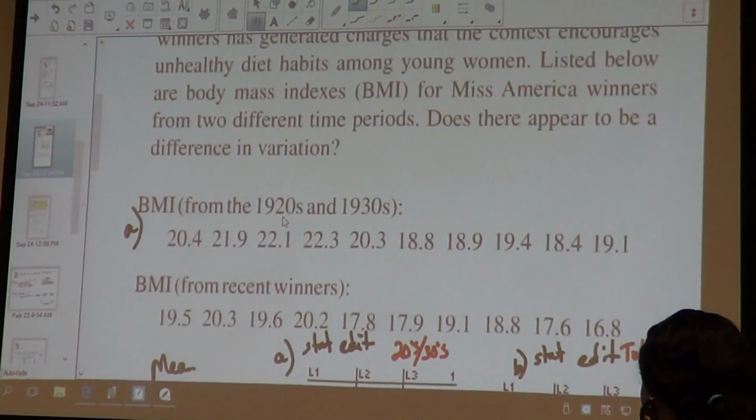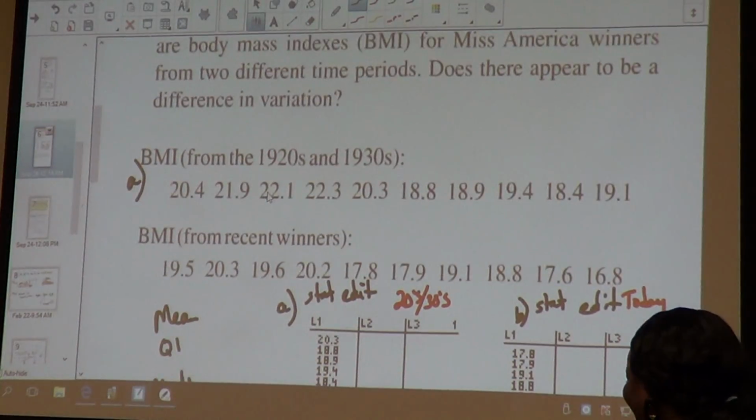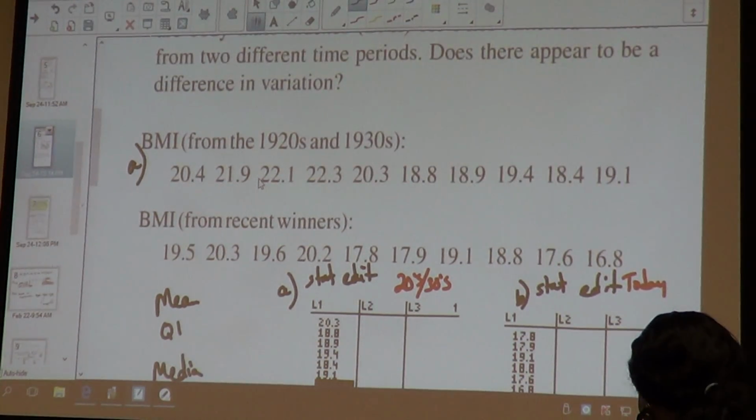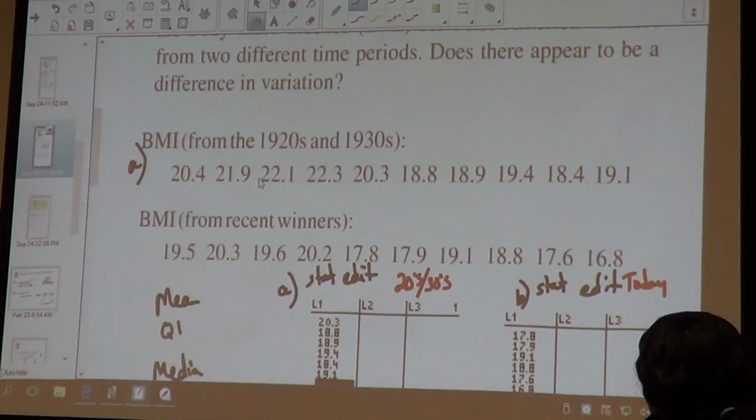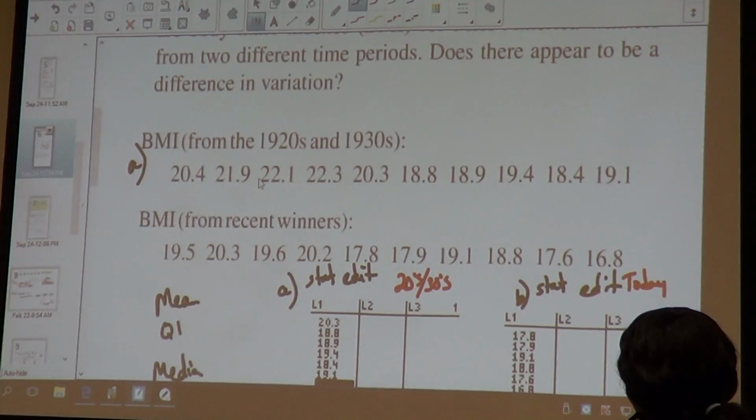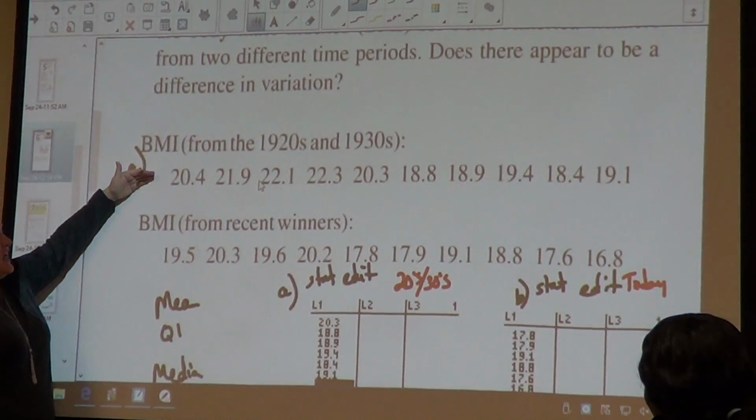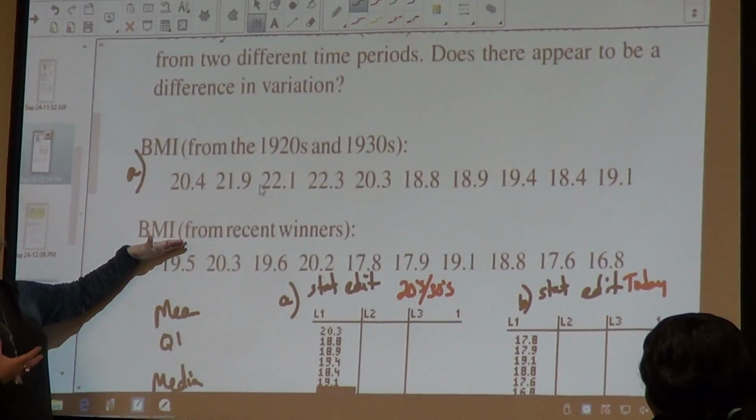They looked healthier. They were real, that's right. They were not like stick people. So this is saying how much fat did a contestant from the 20s and 30s have compared to today.